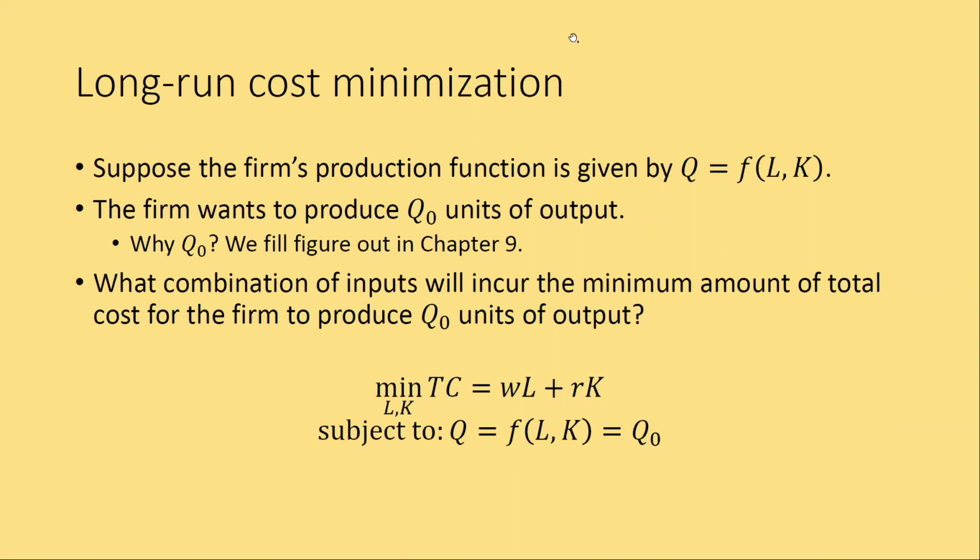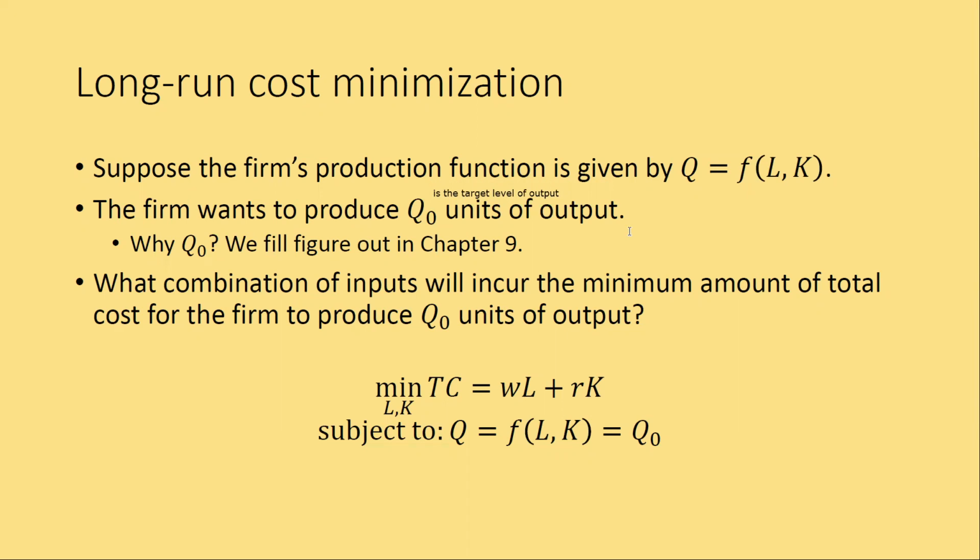I probably should have put here: Q0 is the target level of output. It's just a name. You don't have to remember this or anything.